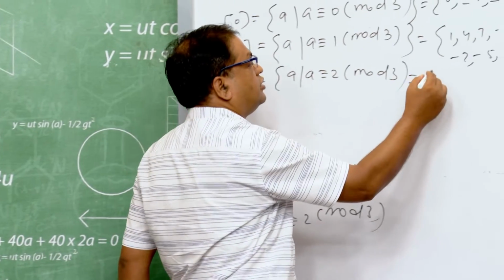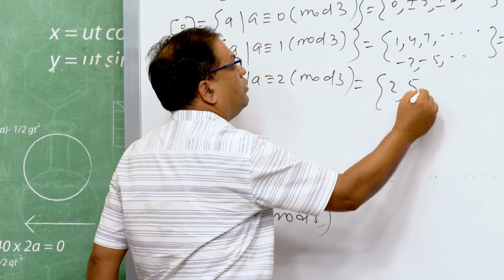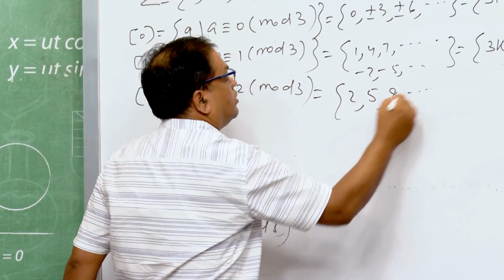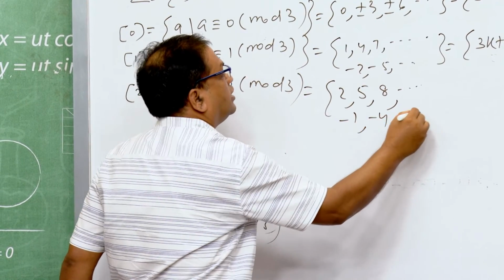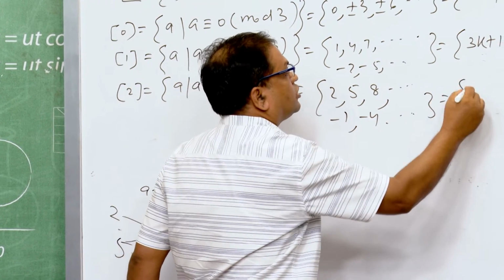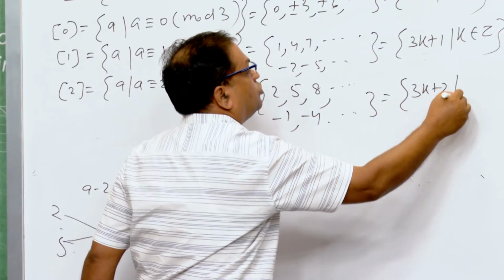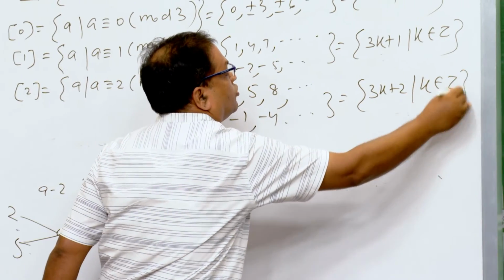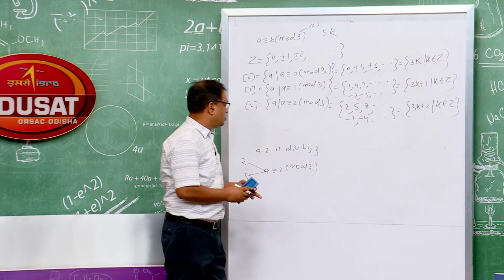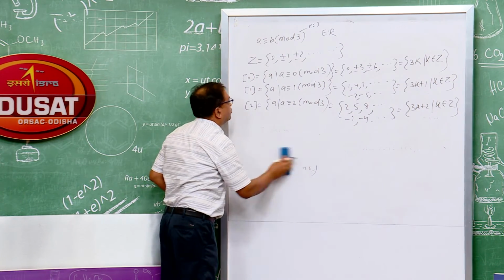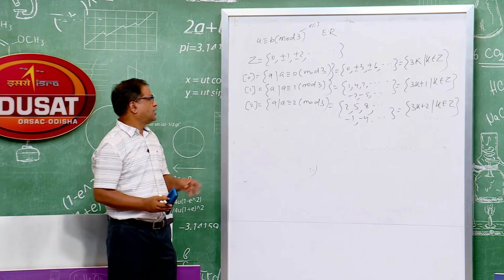And you will get integers of the form 2, 5, 8, minus 1, minus 4, like this, and these are the integers of the form 3k plus 2, k belongs to Z. So, here we have got 3 equivalence classes.